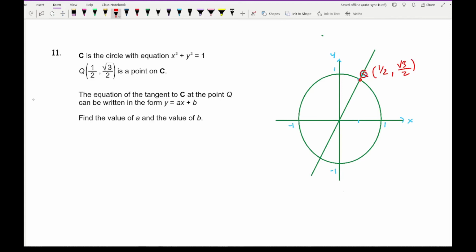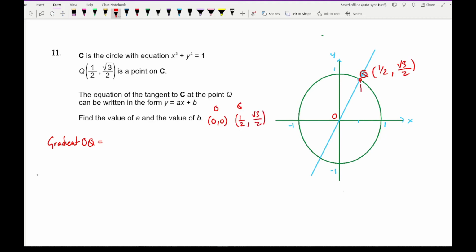Now to find the equation of this green line, I need to first of all work out the gradient of the line. Let me just call this O here. So the gradient of OQ is going to equal, now the two coordinates are going to be 0, 0, which is the coordinate for O, and Q has a coordinate of a half, root 3 over 2.